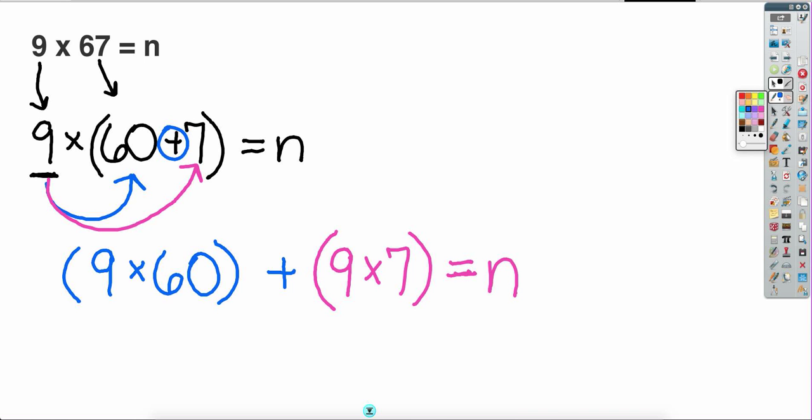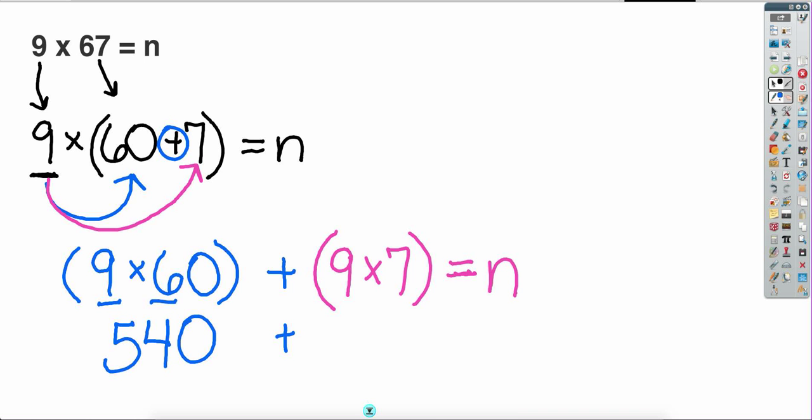So here we're going to use our knowledge of multiplying by tens and noticing that we see a basic fact. Basic fact is 9 times 6, which is 54. Then we know whenever we multiply by a multiple of 10, we can add a 0 to the end of our product. So 9 times 60 is 540.